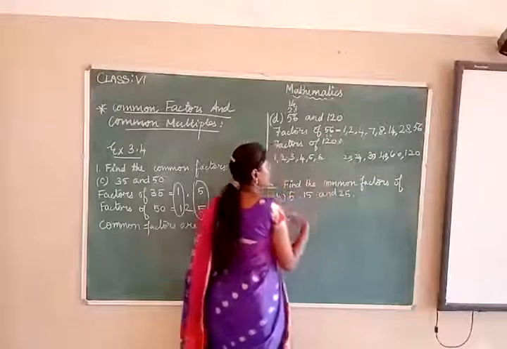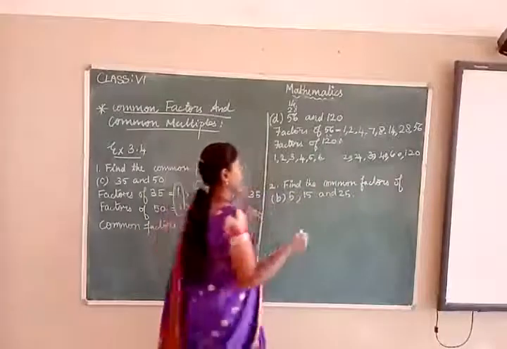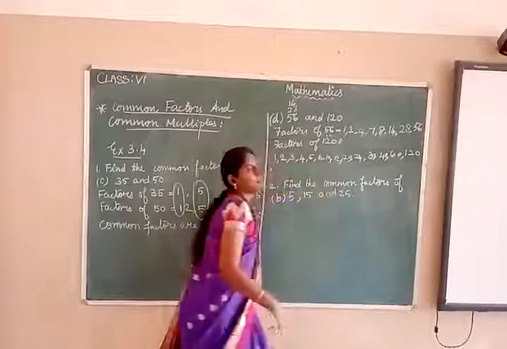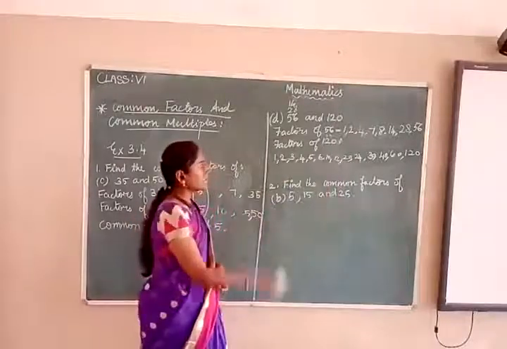In 7, 8, 9 table it will not come. In 10 table it will come. 10 12s are 120. So is it clear? So these are the factors of 120.